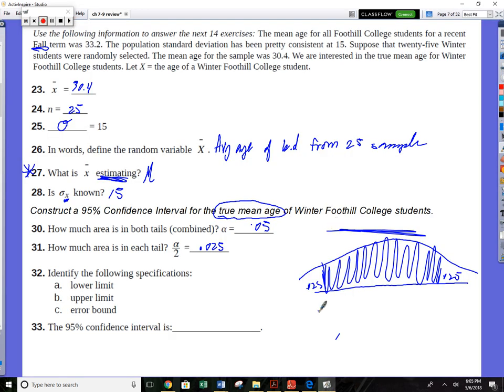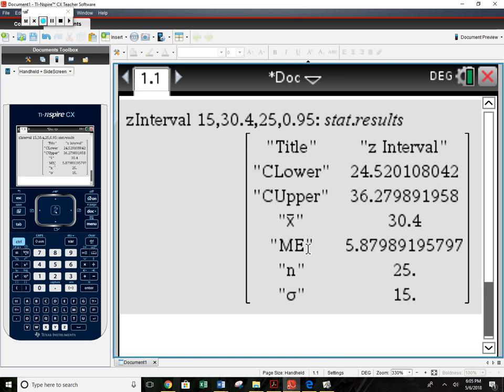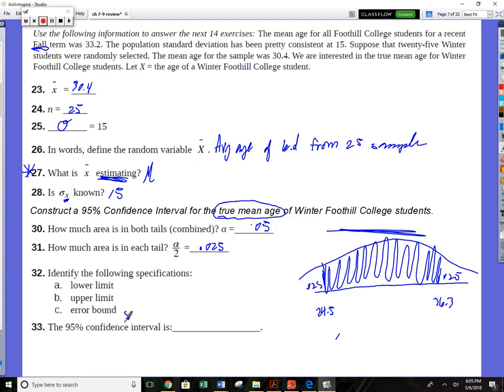So that means this, 24.5, 36.3, my error bound, my margin of error, 5.88. Okay, so my margin of error is 5.88, so here's what that means. Your mean, if I go 5.88 this way, and I can go 5.88 this way.